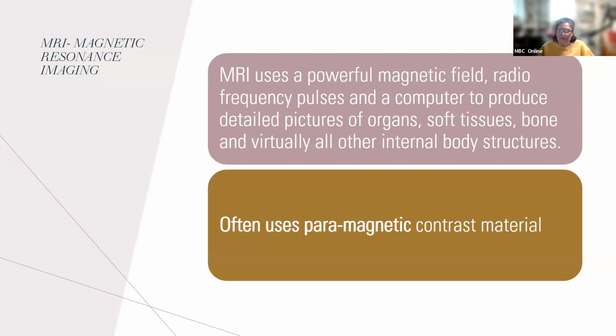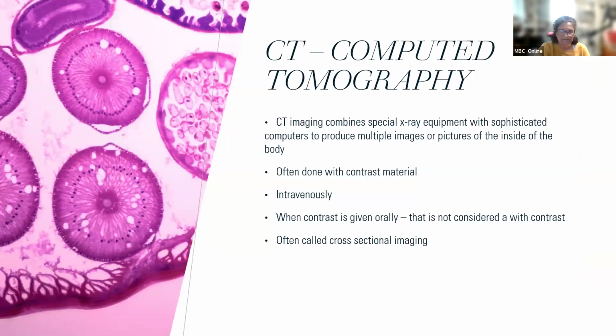They often use a paramagnetic contrast material. If you've ever had one, or ever seen one, you lay flat, you have to lay perfectly still, you're pushed into this little round tube and you can't move at all. And that's what it does. It takes pictures of anything inside your body.